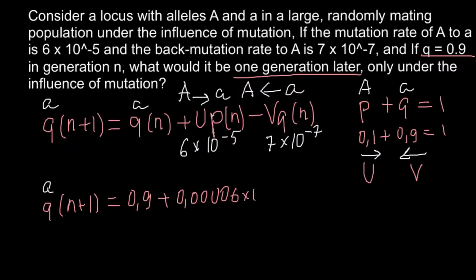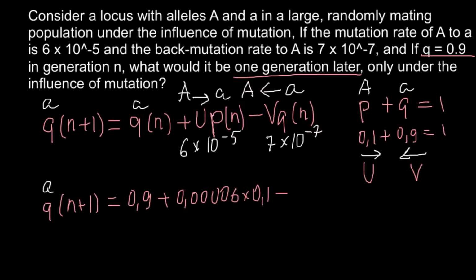So multiplied by 0.1 minus, and here V stands for the rate of the backward mutation of the recessive allele into the dominant allele.